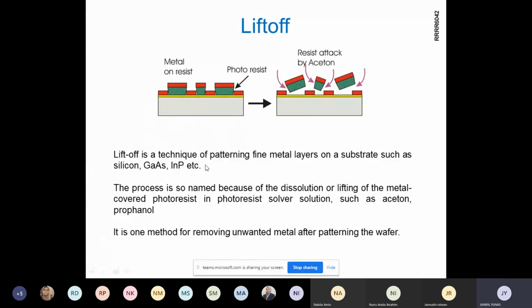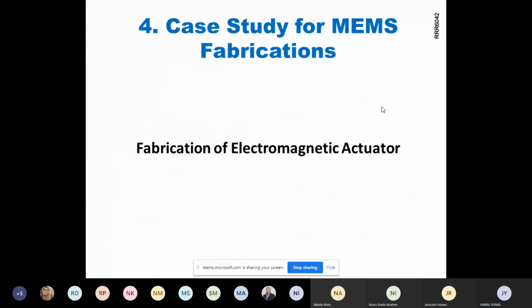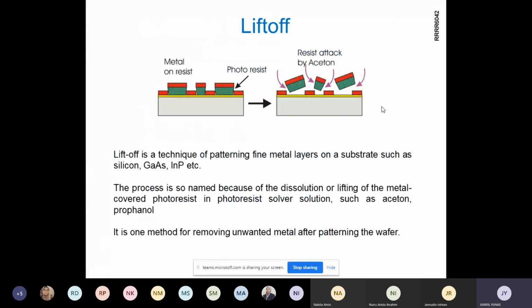It is one method for removing unwanted metal after patterning the wafer. So I have explained before. Okay, that's all the material remover.